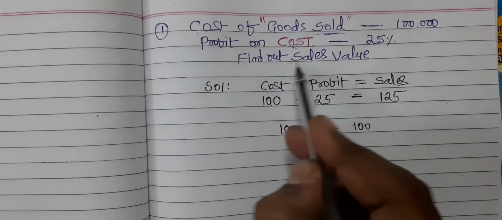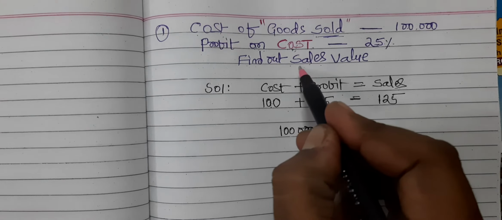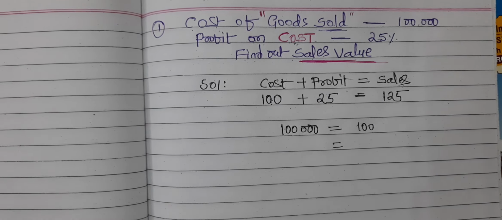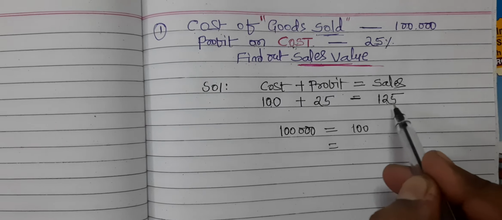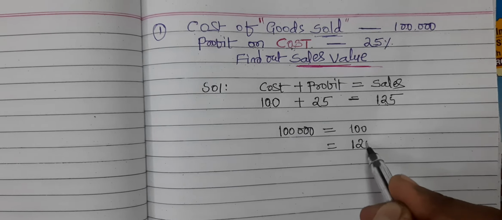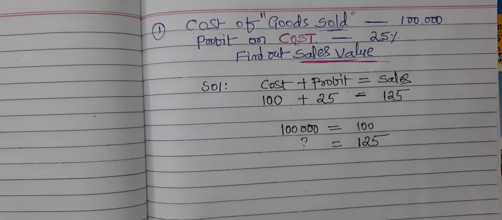What you have to find out is the sale value. So sale is how much in the equation? 125.